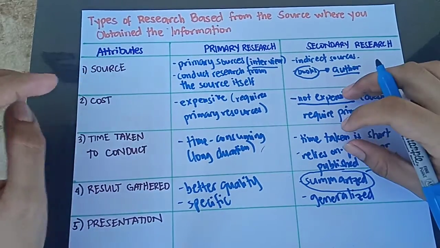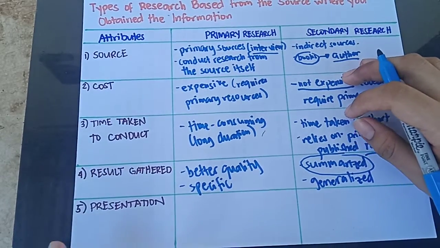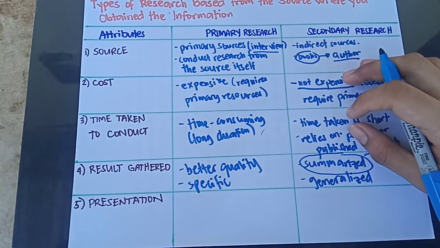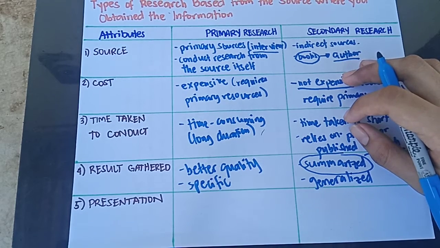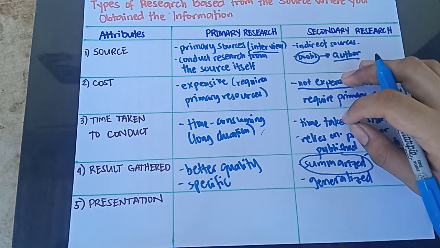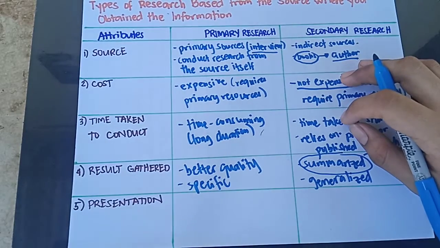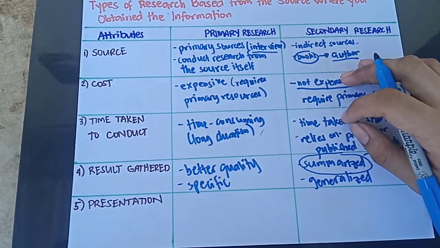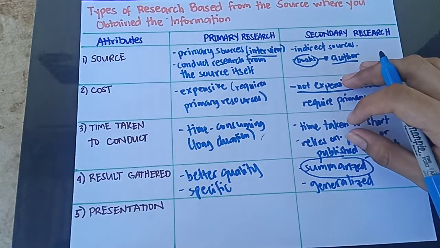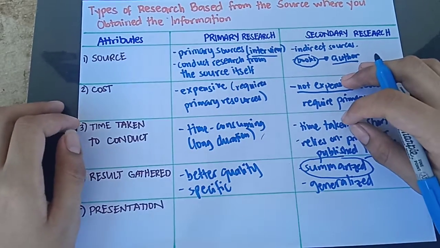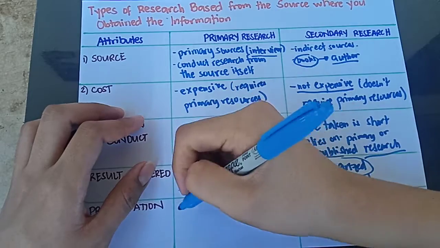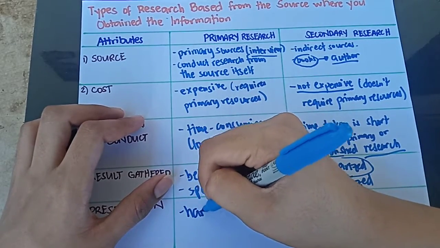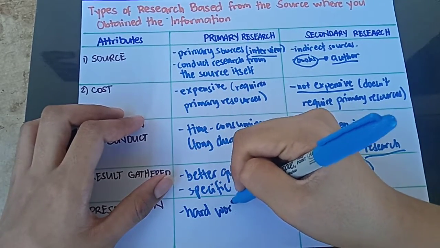And lastly, the presentation. When we say presentation, how do you show it to the public? How do you defend it to the public? So, in primary research, the presentation is made with a lot of hard work and dedication.